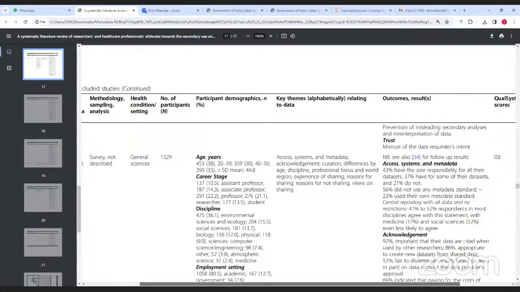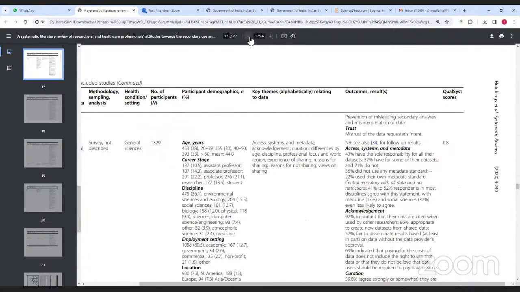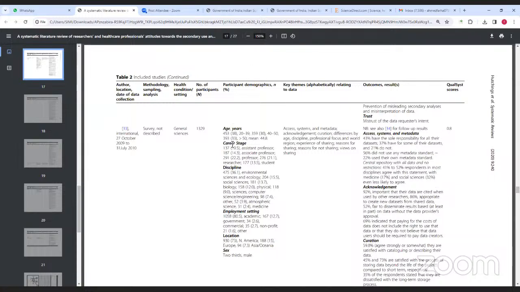Therefore, you are able to get all the information. So only the age, career state, discipline, full text is included in your study, particularly in this study. Full text is available. That is included in this study.